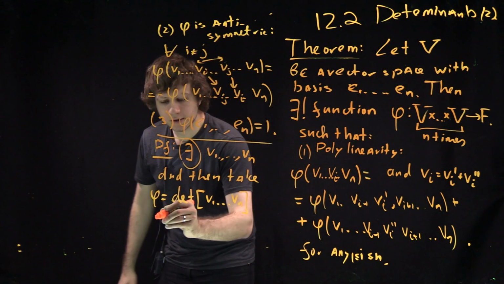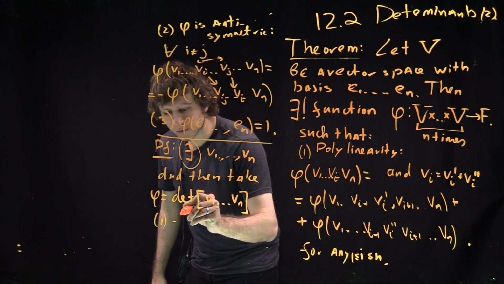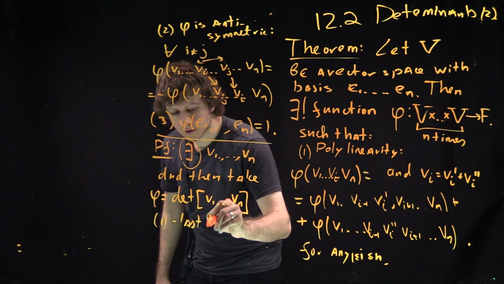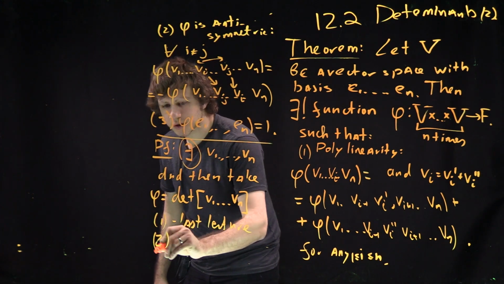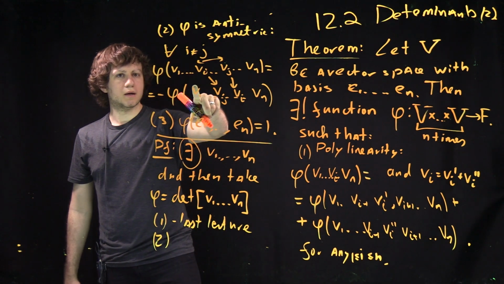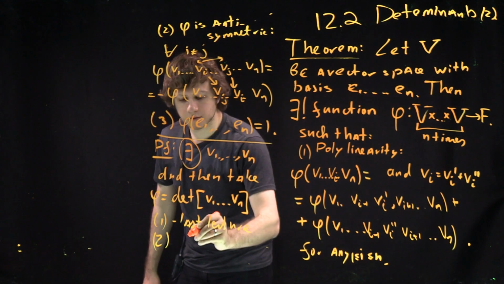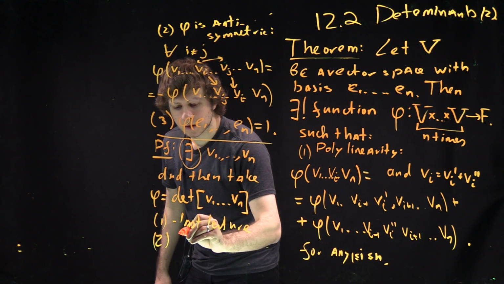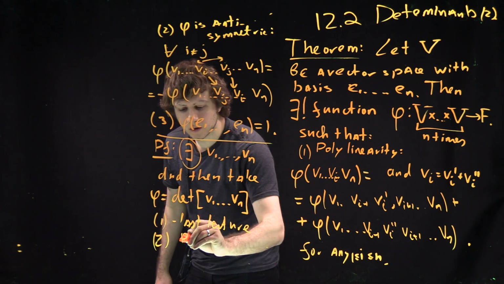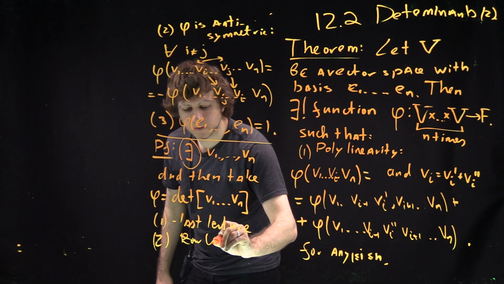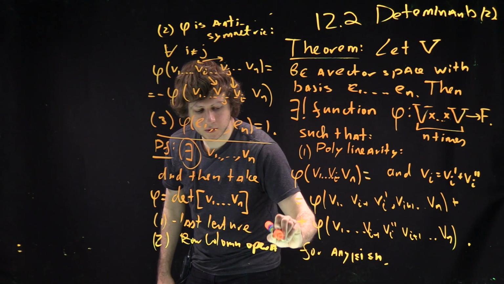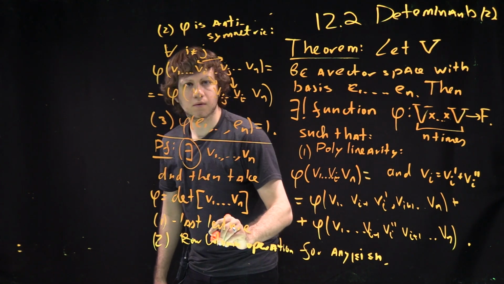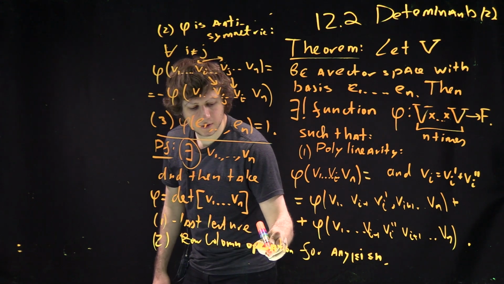So 1 is from the last lecture, and 2 is because this is just column operation number 3.